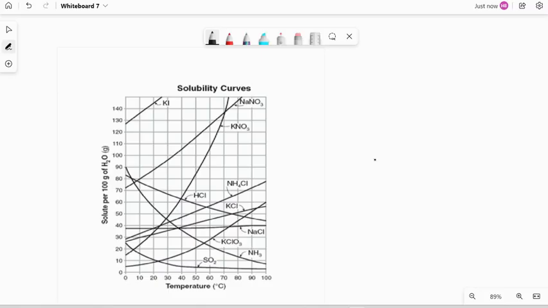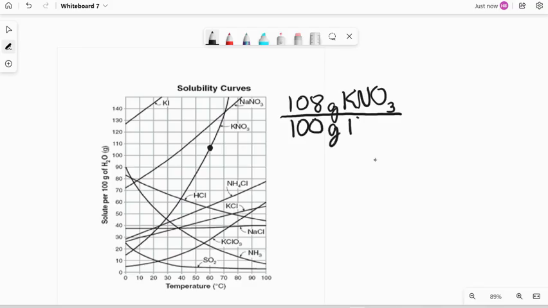I'm going to pick a random temperature here. Let's pick 60 degrees Celsius. So at 60 degrees Celsius, I can dissolve about 108 grams of KNO3 in 100 grams of H2O.